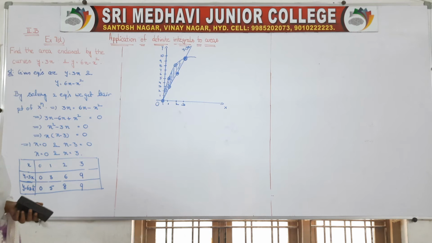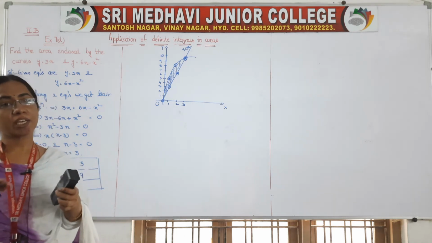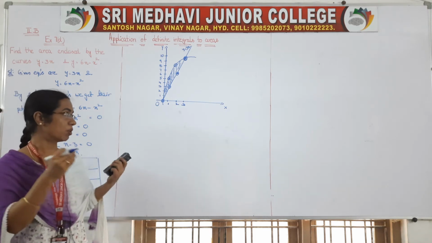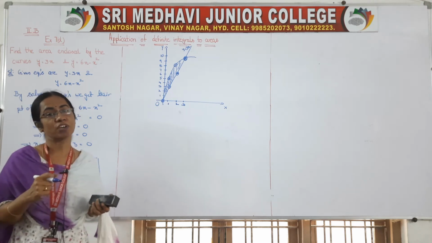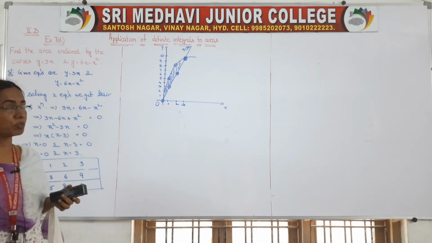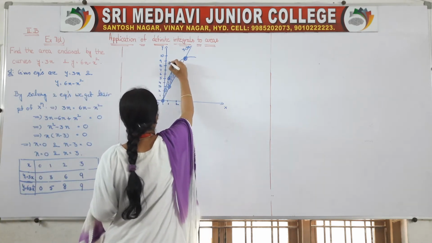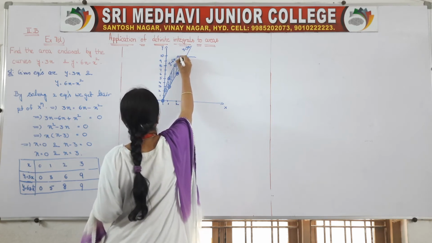So here you can ask, madam, previously we were having only one curve, so for area we would take the integration of that curve from the bounds, right? But here two curves are there, how do we find the area? So observe, this curve equation is y is equal to 6x minus x square.